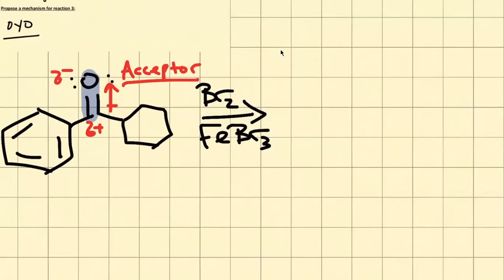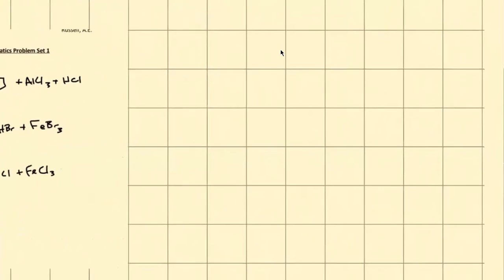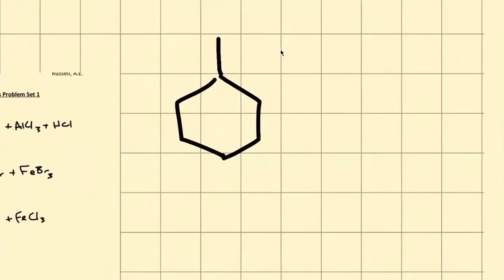So if I brominate that, where would my bromine end up? Remember, if the ring is already substituted, I have a ring like this and it's got a substituent on it already.